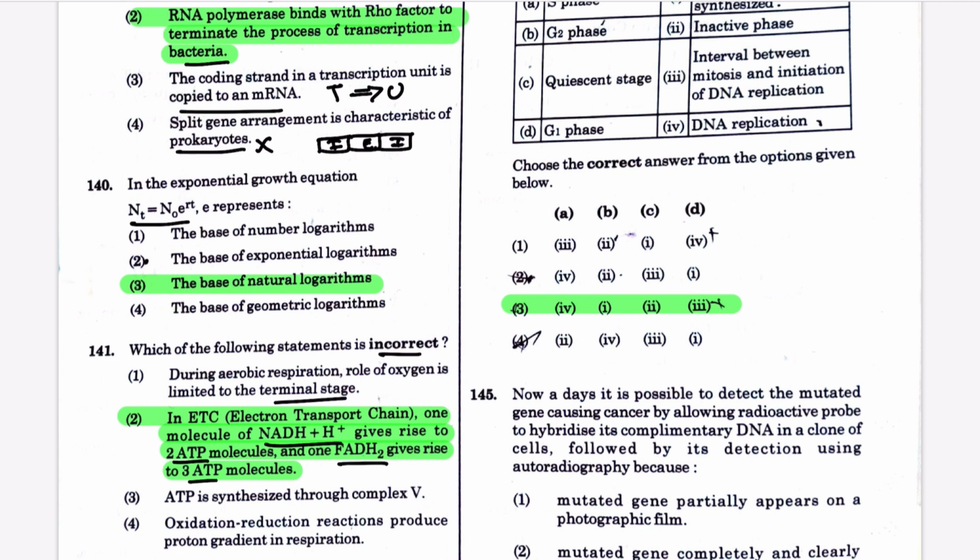They have just changed it. One NADH will give rise to 3 ATP and one FADH2 will give rise to 2 ATP. So this option is found to be incorrect. Okay, so third one, ATP synthesized through complex 4, it is right. And oxidation reduction reaction will produce a proton gradient. Obviously, because of this proton gradient only, there is this ATP formation, right? Okay, so option 2 is the incorrect option.